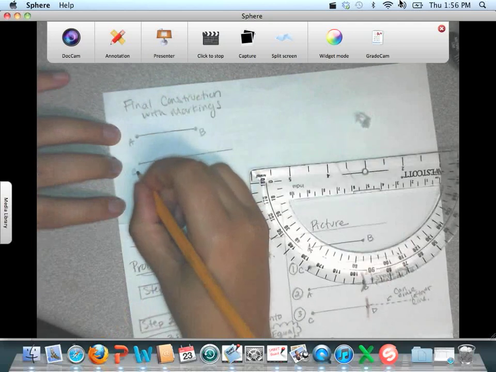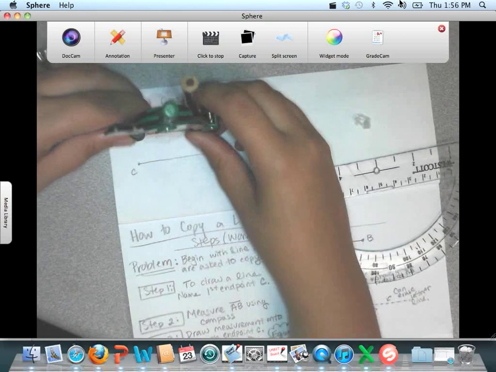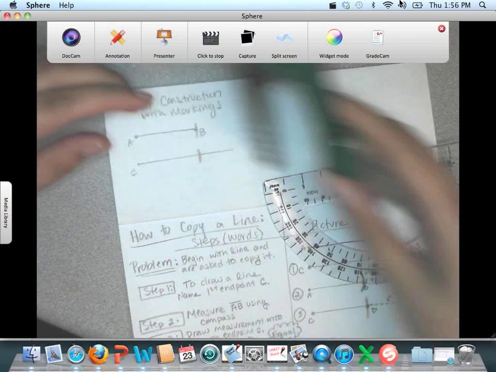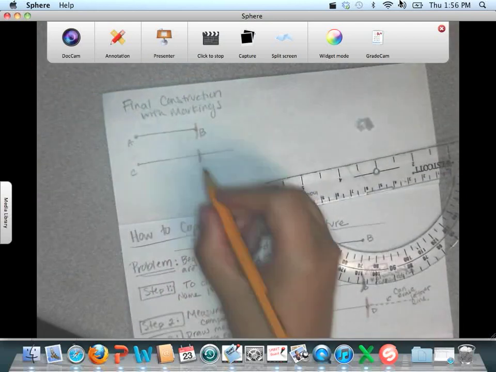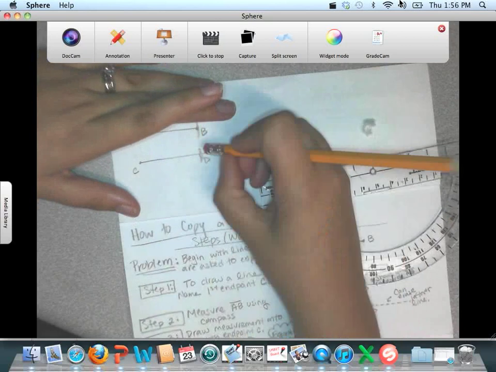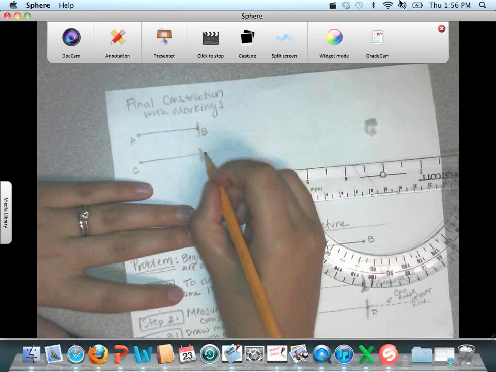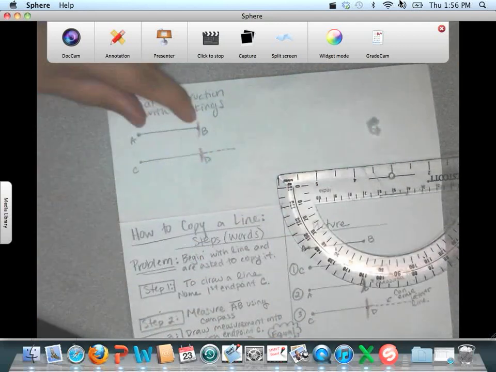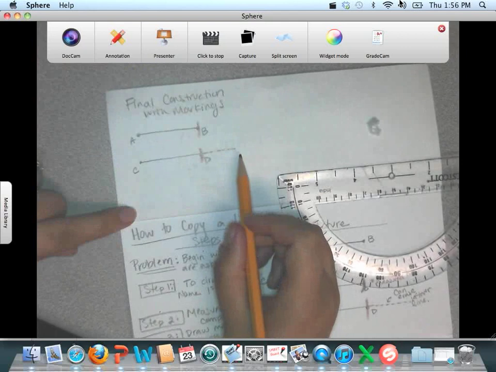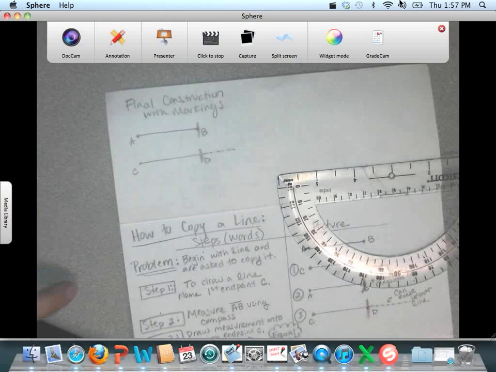Remember, this is C, and then it would have your mark here and your mark here. So you can see I basically just went through and did the construction again. And then you can always use your eraser to erase this. Now I'm going to leave it dotted just so I can see it. So that is how you construct. If you ever see a picture look like this, that is what the final construction would look like, and that's how you recognize it.